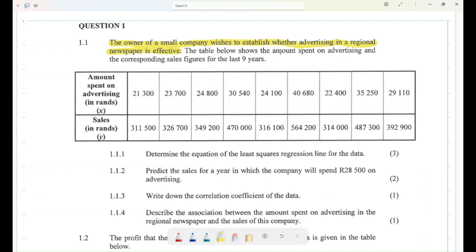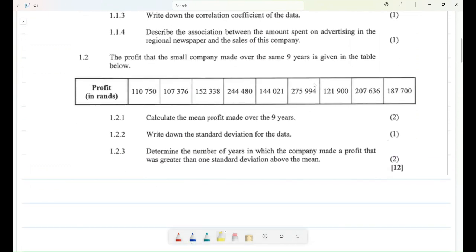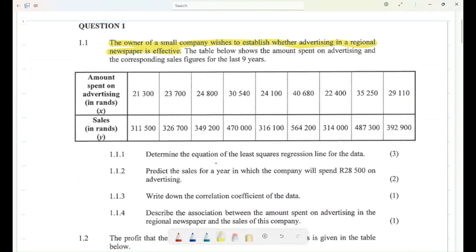The table below shows the amount spent on advertising and the corresponding sales for the last 9 years, so it should be 1, 2, 3, 4, 5, 6, 7, 8, 9. This should be straightforward, about 15 minutes or so.